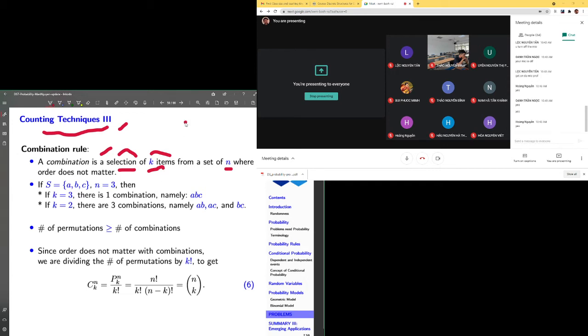So we just take a subset of k elements inside some set with n elements. So the subset here has k elements we get from the entire bigger set of n elements.